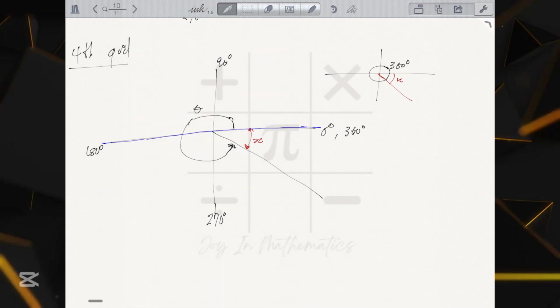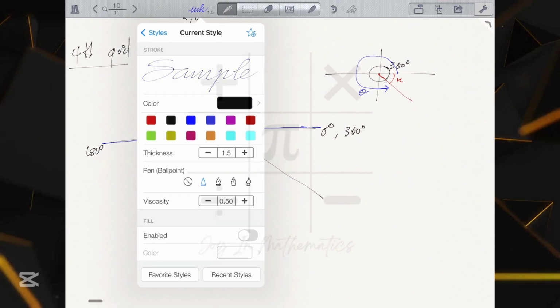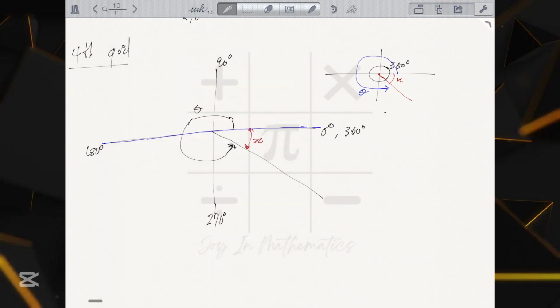So we can say that we have theta, theta is represented from here to here in the anti-clockwise direction. So with that, we can say that theta plus x is equal to 360 degrees. Therefore, x will be equal to what? 360 degrees minus theta.